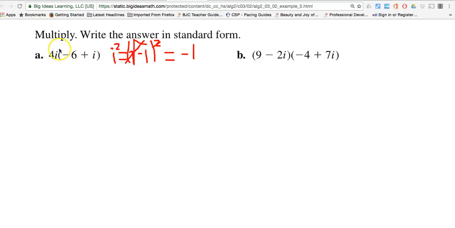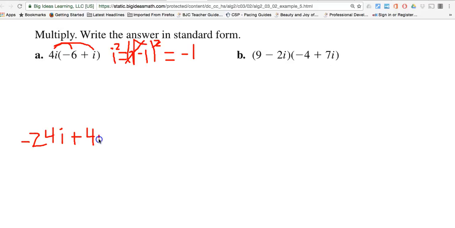We are taking 4i and we need to distribute that to each of our terms in here. So in this first one, we get 4i times -6, which gives us -24i. And in our second term, we are taking 4i and multiplying it by i. So 4i times i gives us 4i squared.